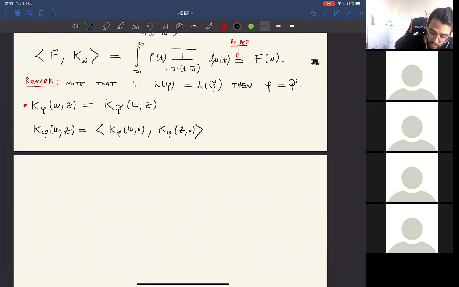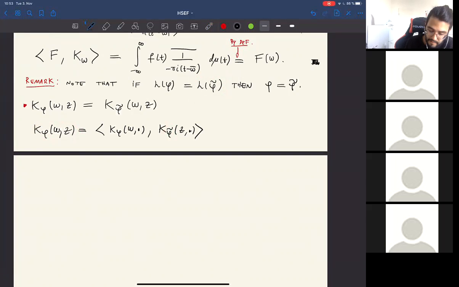But I also know that if I consider this function as a function in L phi tilde, then this would also be true if I put tilde here, because the phi tilde kernel reproduces any function in its own space. So I could definitely put this here.